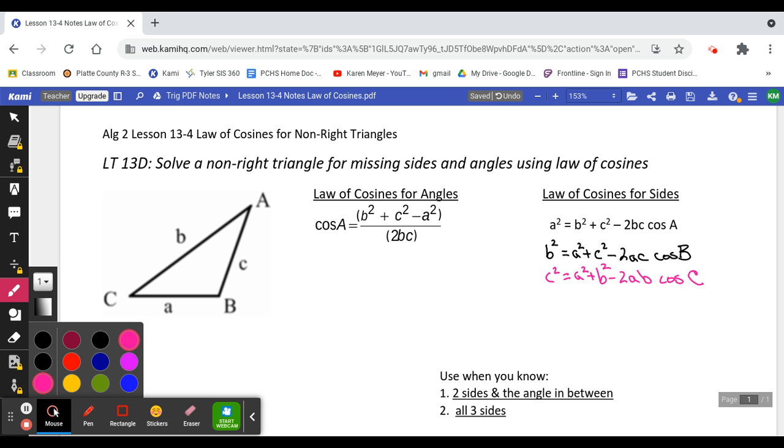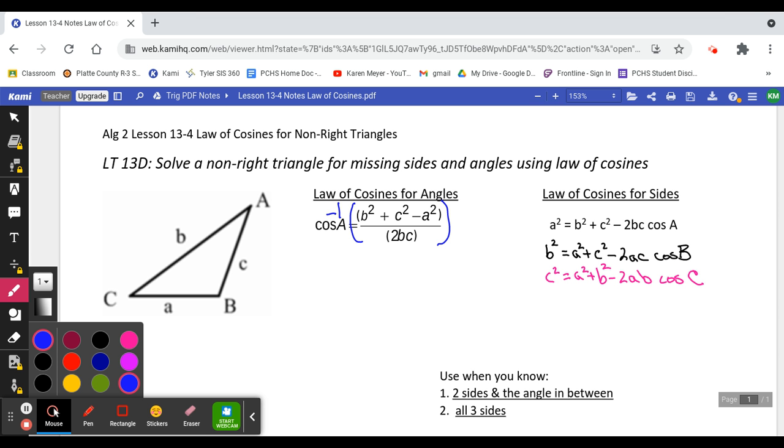Now let's talk about angles. Remember, if we're talking about angles, we are going to have to hit the inverse button. So I would start by doing cosine to the negative first, and then insert parentheses. We should probably look at the formula for A. On my calculator, I would do the inverse of cosine, open a parentheses for the entire fraction, and then open a parentheses for just the top.